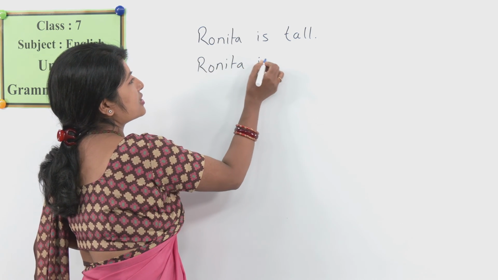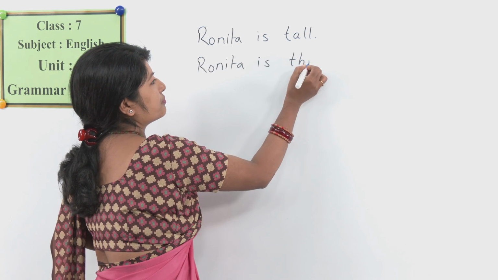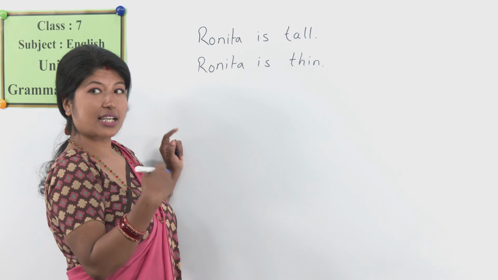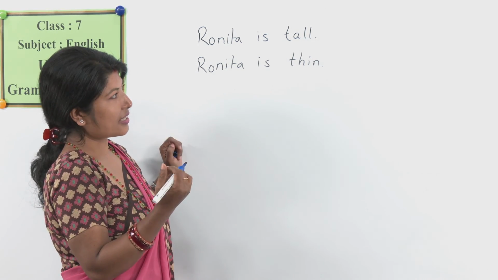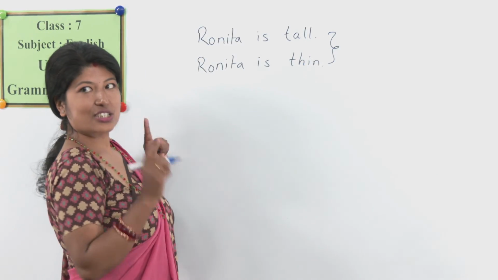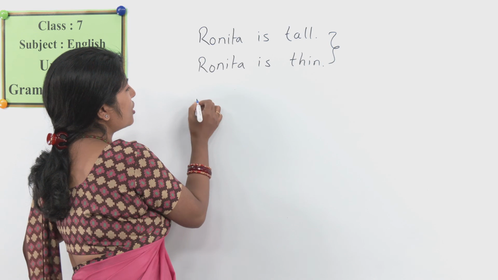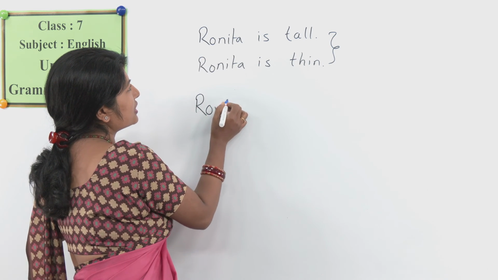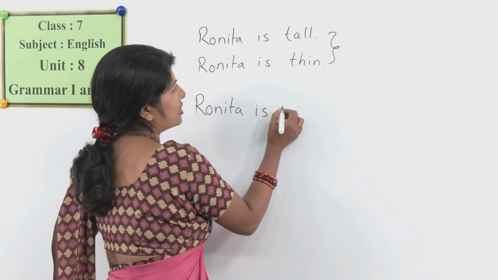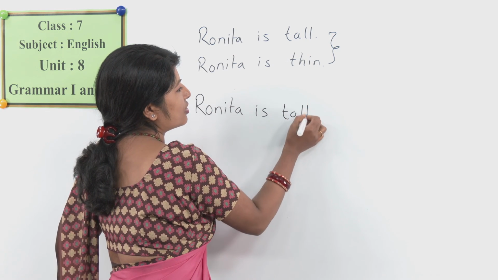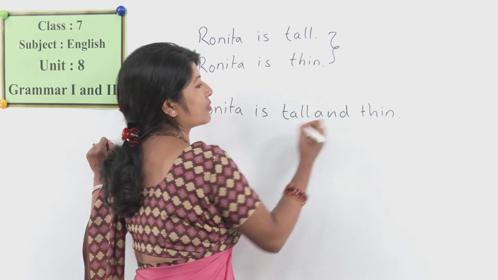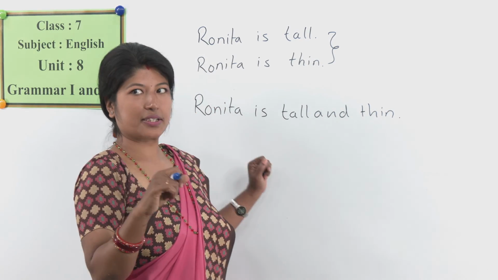Ronita is thin. Ronita is tall. Ronita is thin. And I'm going to combine both sentences into one. Ronita is tall and thin.